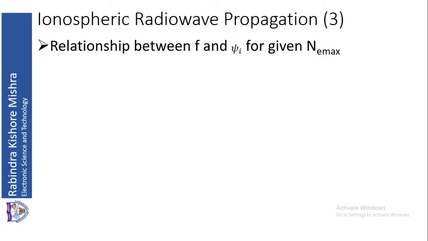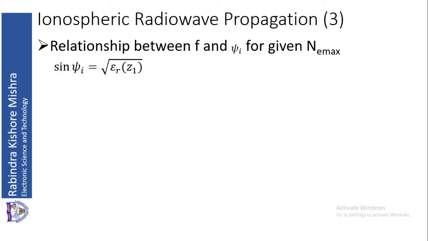So we saw two cases now. Psi i is constant: you require higher Ne for higher frequency. Otherwise, Ne is constant: we require a larger maximum value of psi i for returning back to the earth with increasing frequency.